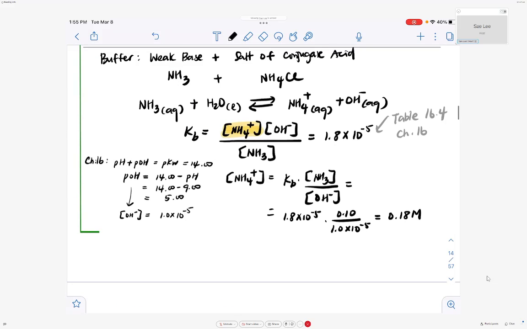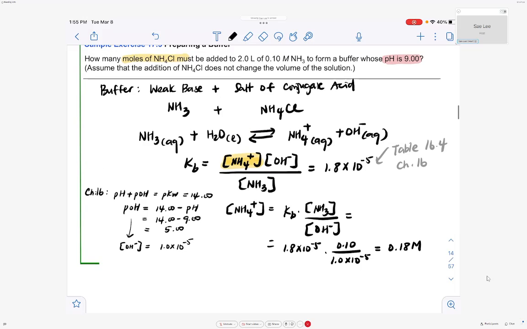All right, the concentration of ammonium is figured out, but then we need the answer in mole. Okay, let's convert this molarity into mole.